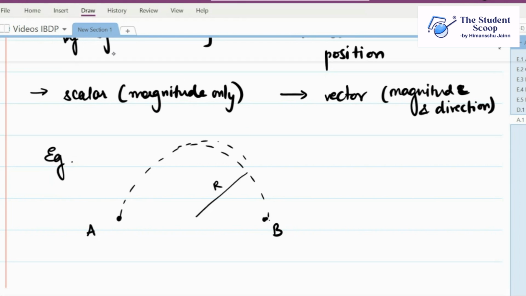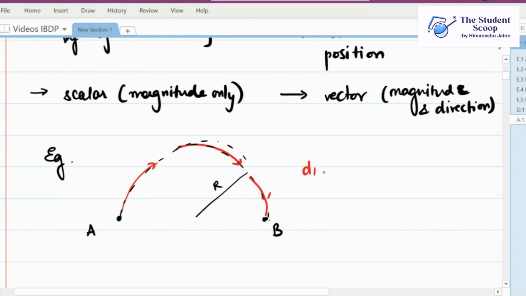Now, if I want to calculate how much distance is traveled going along this path from A to B, the distance here will be half of 2 pi r. 2 pi r is the circumference, and this is a semicircle, so it will be just pi r. That will be the distance covered.